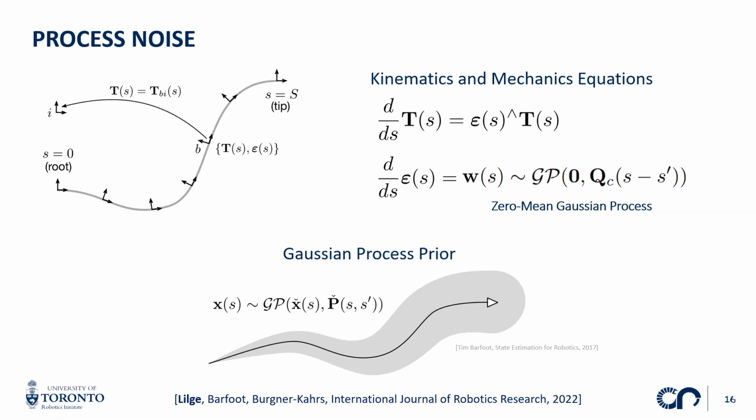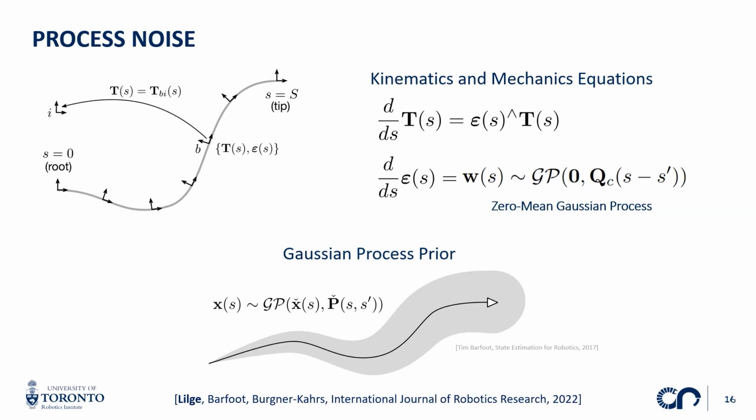The main problem now is that integrating these equations is actually not that simple, because we're working with Lie groups here. So we have non-linearities in our equations, and it's really difficult to integrate them in a nice closed form way. And that's what we want in terms of an efficient formulation of our state estimation problem.